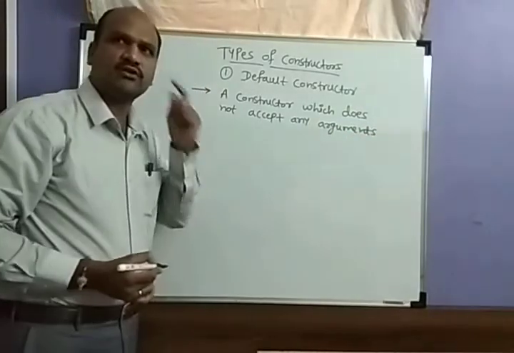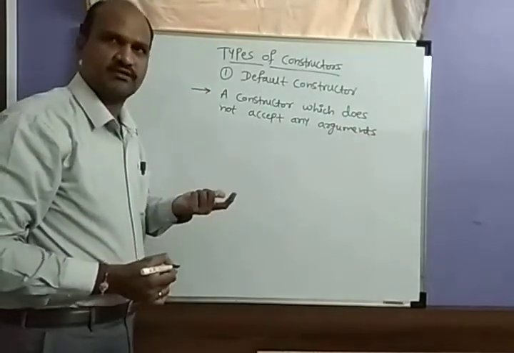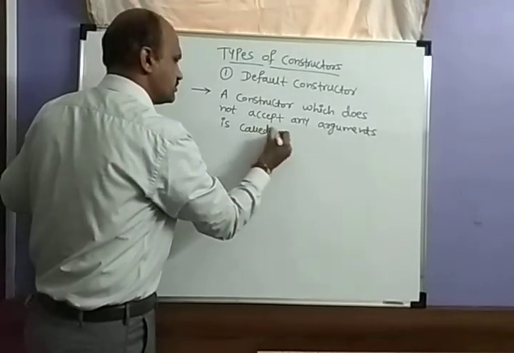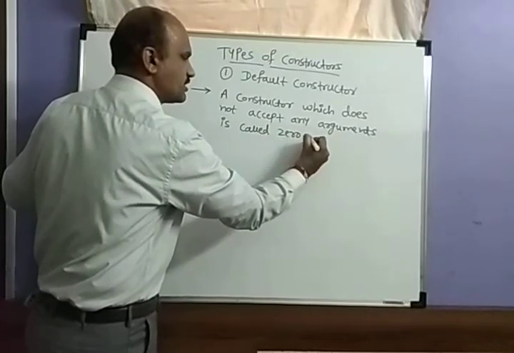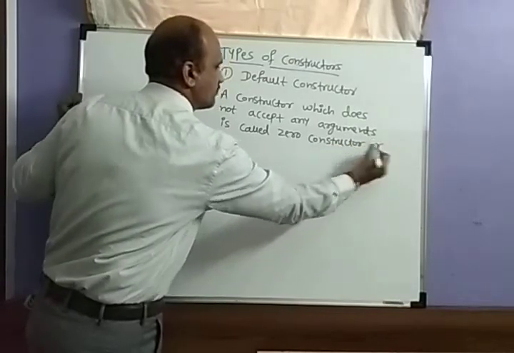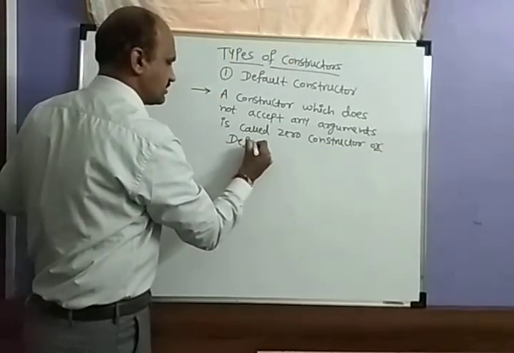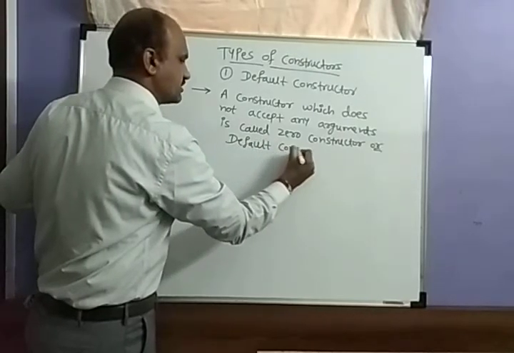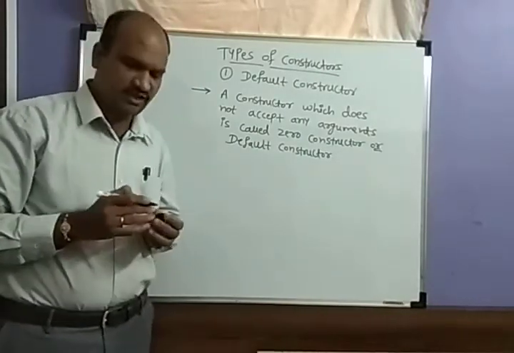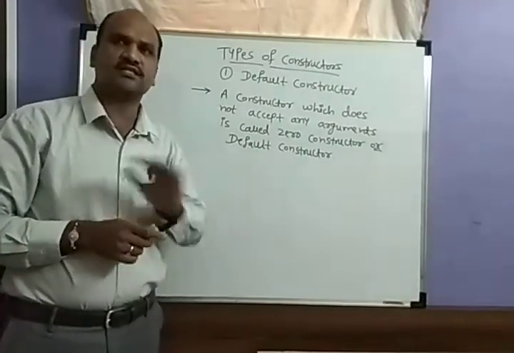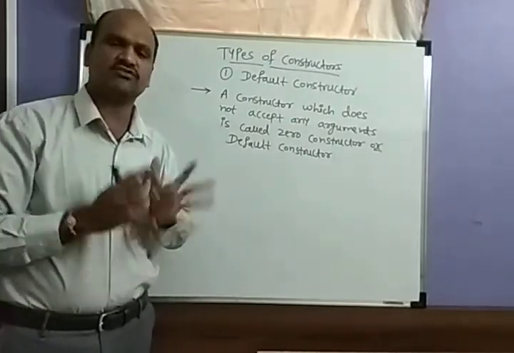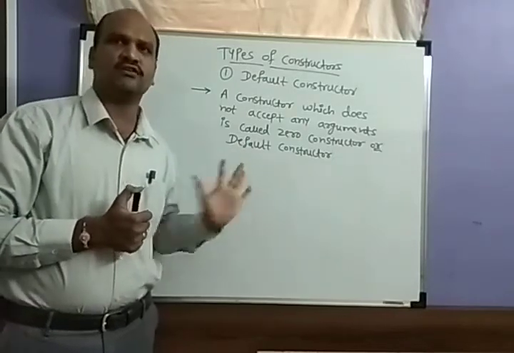We can call it a zero argument constructor, or we call it a default constructor. So this is the definition. What is the definition of the default constructor? It is a constructor which does not accept any arguments, no arguments with the constructor, that is called the default constructor.